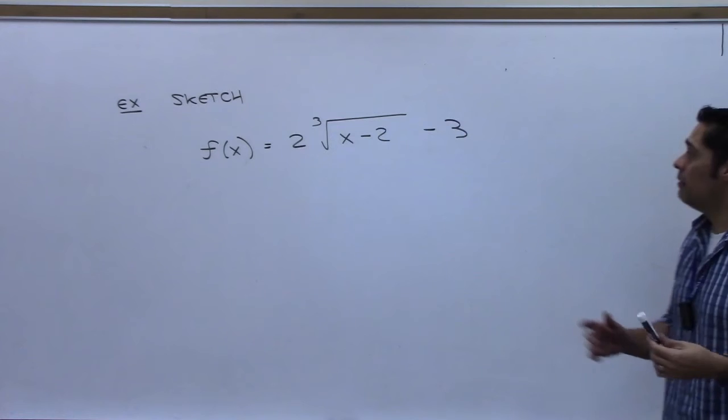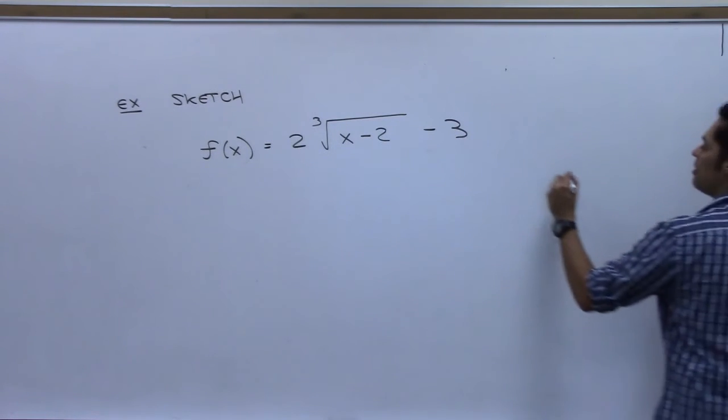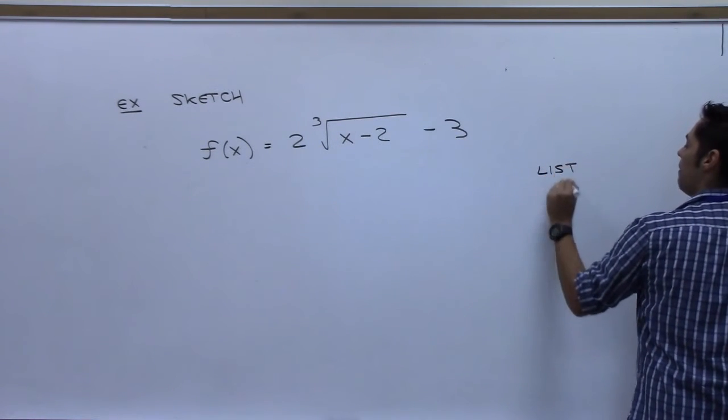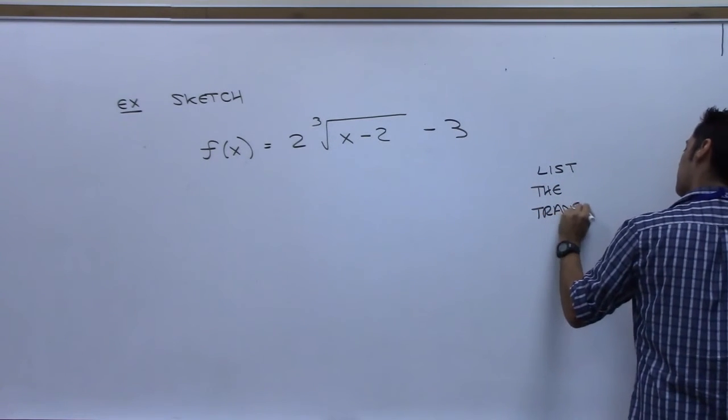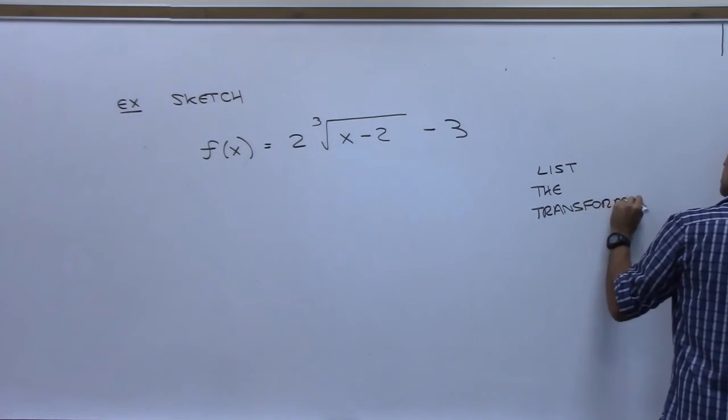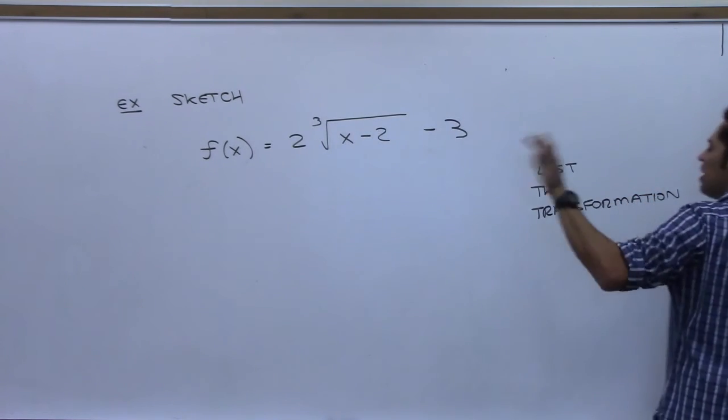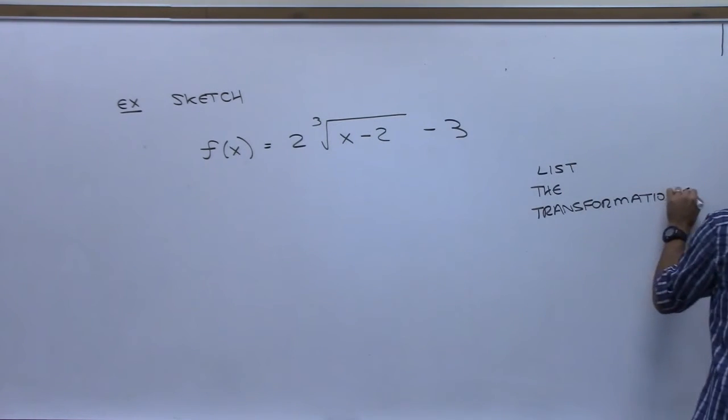And if you're having trouble sketching it, at least do this. List the transformations. In other words, even if you can't draw it, tell me what sorts of things are going to happen.